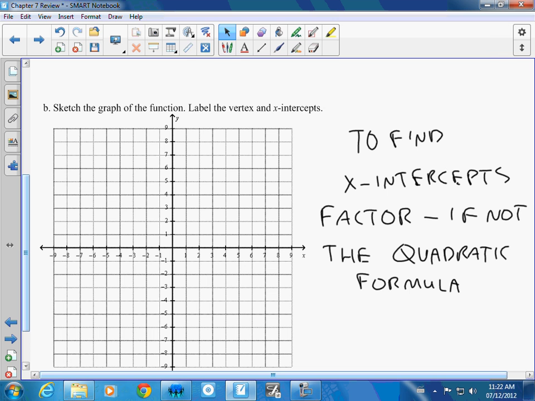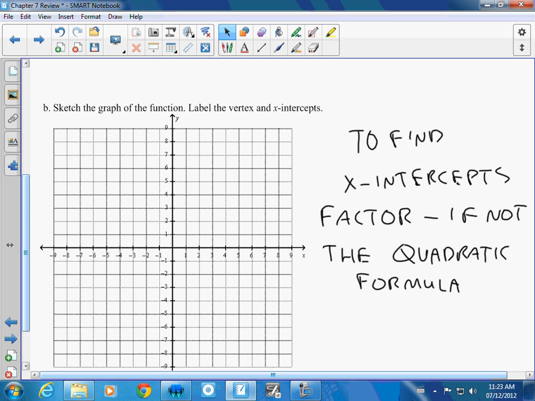Basically what you're going to get test-wise is I'm going to give you one of these, and I'm going to ask you to graph it. So the key points you're going to have to know are x-intercepts, y-intercepts, vertex, right? That's the key thing. Does it matter to me how you accomplish that in the end? No. If you really wanted to, you could find the vertex with negative b over 2a. Remember, little x equals negative b over 2a? Yeah, you can do that if you want. It doesn't make any difference to me.